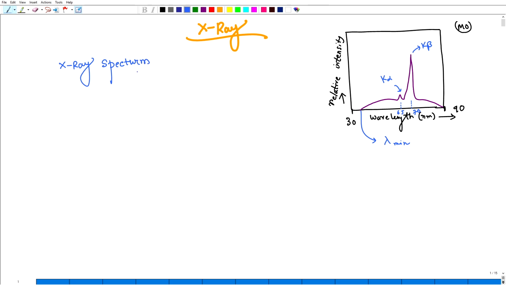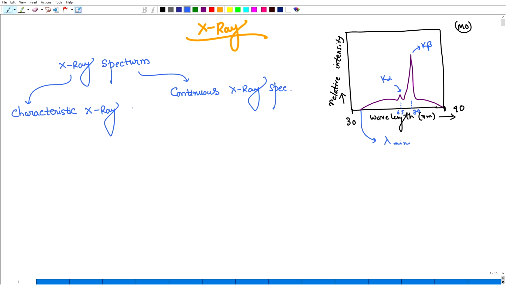If you now classify, one is the continuous X-ray spectrum, and another one is the characteristic spectrum. I will just recapitulate the things, because in the last class I have already explained why this is happening.